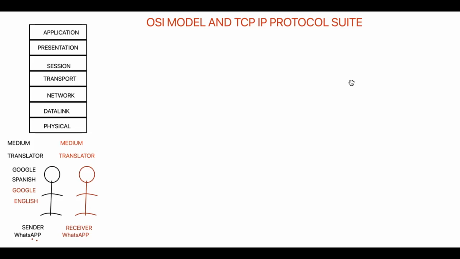All right, OSI model. We're going to start with a little bit of history, just very little. The OSI model was first introduced in the 1970s by ISO.